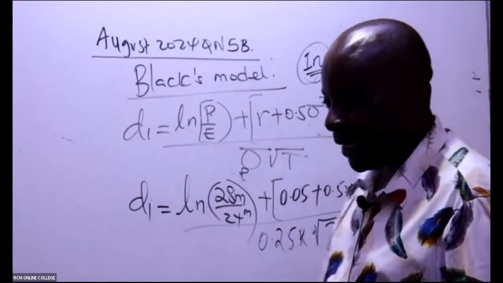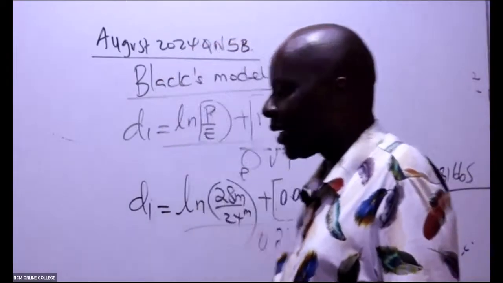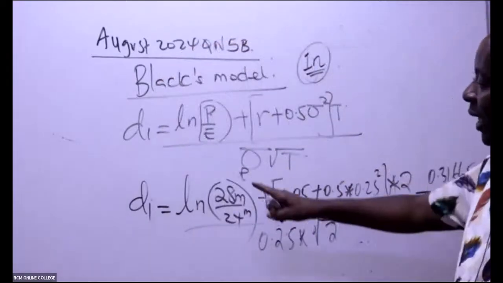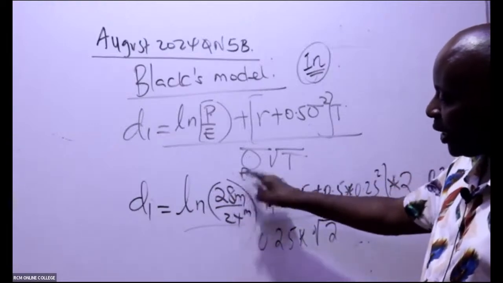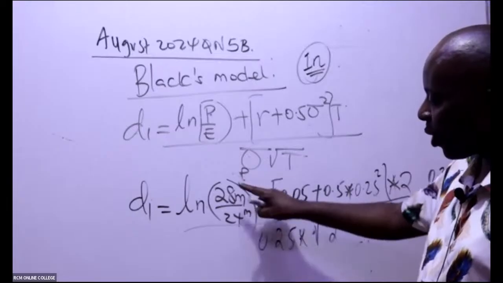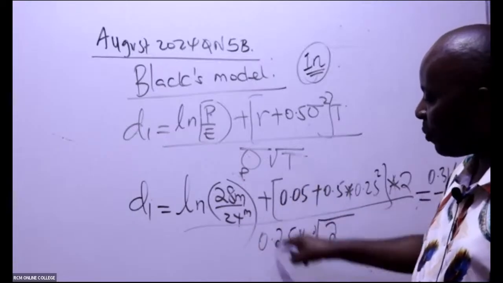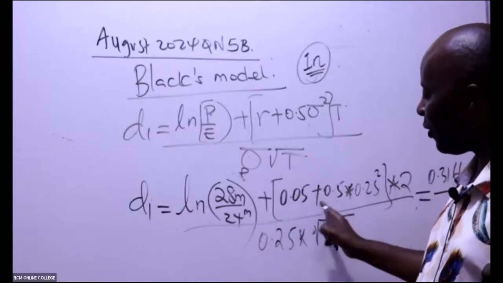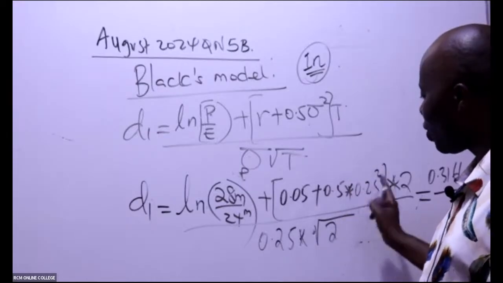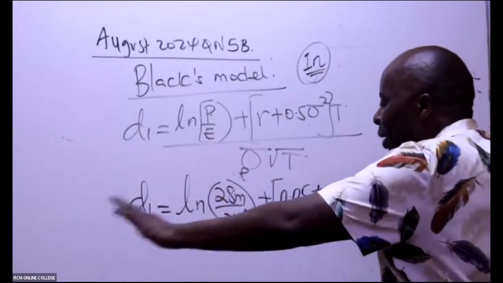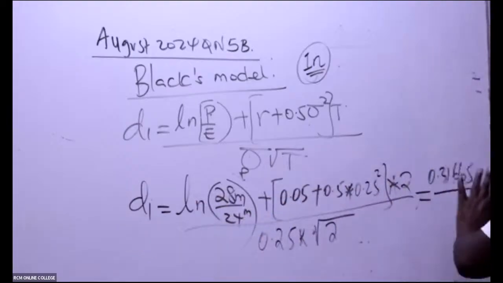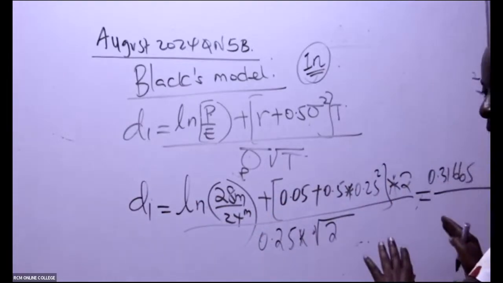Then you pick that ln. Don't forget to put this in brackets. So you say 28 million divided by 24 million, you close, then plus, open brackets, 0.05 plus 0.5 times 0.25 squared, you close, times 2. Don't say equals anywhere in between. You can only say equals at the end of the day. So you're getting 0.31665.